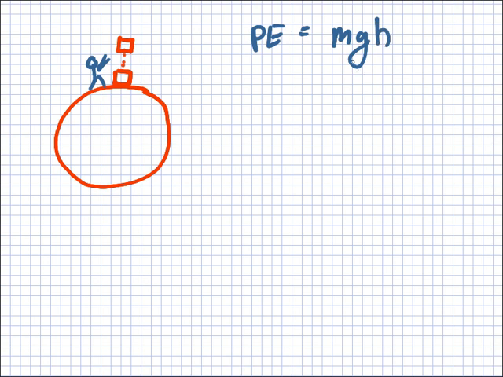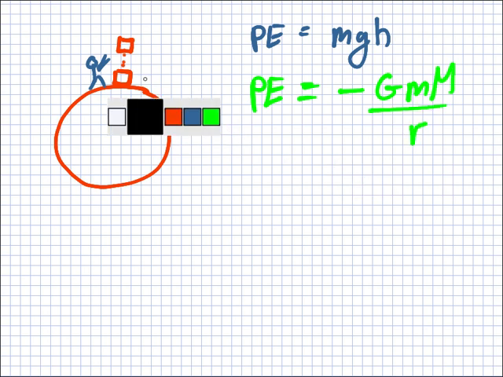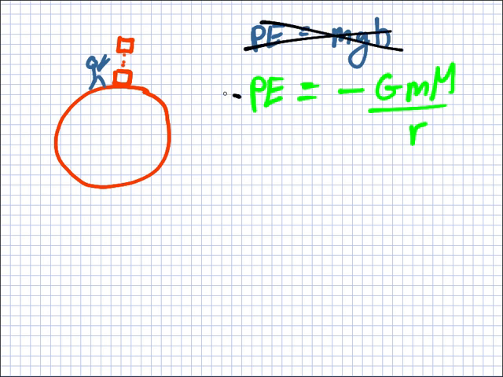Yeah? But we have this new formula that says potential energy is minus GMm over r. So here, according to this, so let's forget about this for a moment. According to this formula, it has potential energy here and here. Which one is bigger? Which potential energy is bigger?